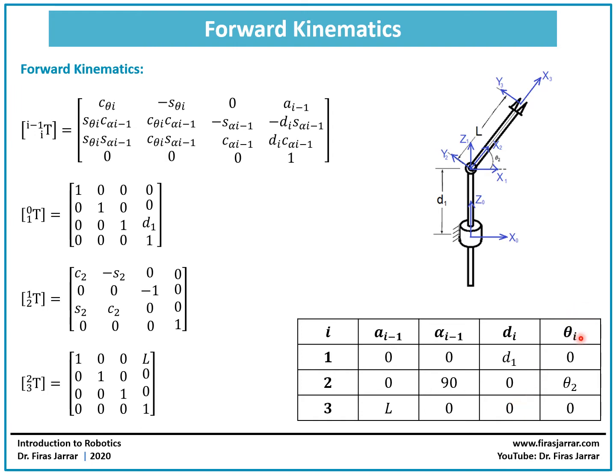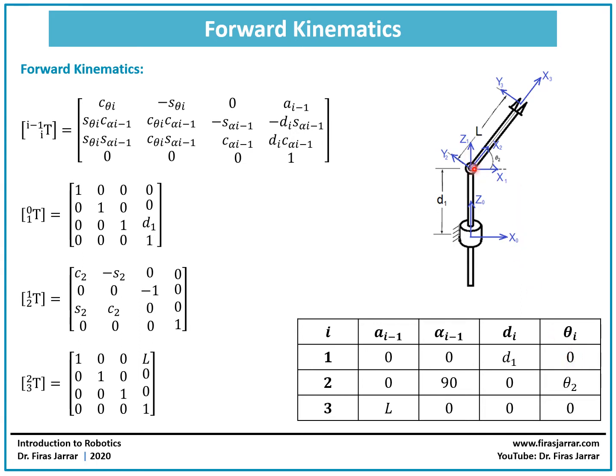Then finally we have the joint angles. We have theta 1. Theta 1 is the angle about Z1 between X0 and X1, and this is going to be constant because they remain parallel to each other, and it's going to be equal to 0.